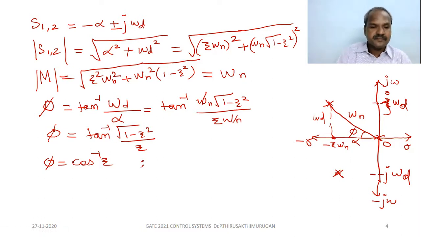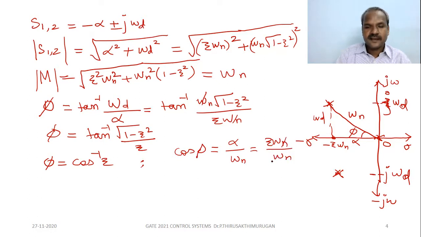So cos phi is adjacent by hypotenuse. What is adjacent? Alpha. What is hypotenuse? Omega n. So what is alpha? Zeta omega n. So the omega n cancels, so it becomes zeta. Right.